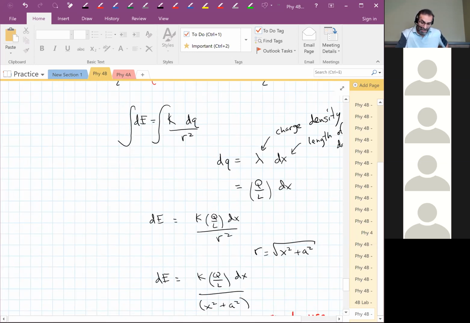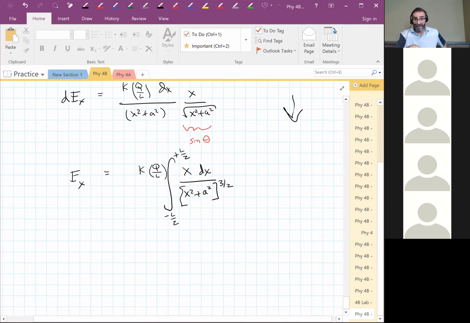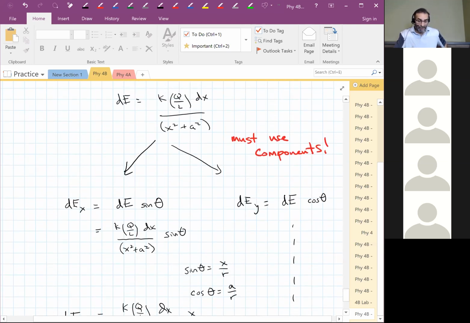If you leave it like this on the exam, you would not get full credit, but you'd get most of the way there. You'd have most of the points. But I do want to see you evaluate that integral, even though you're looking it up on an integral table.